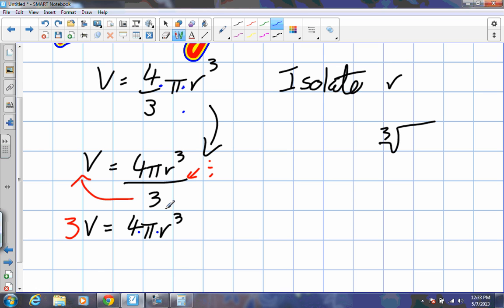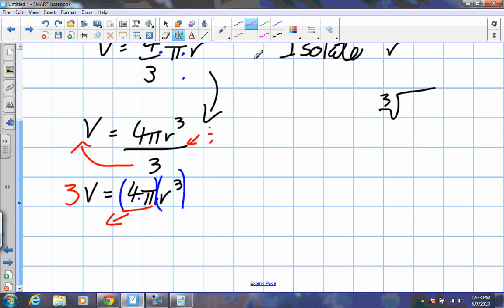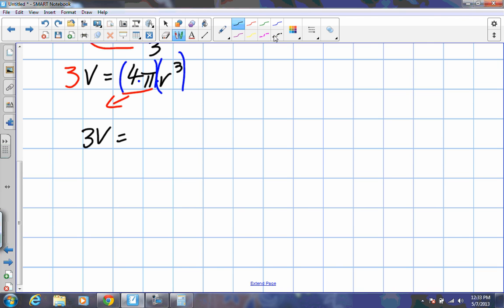So, because these are multiplied by each other, how would I move 4 pi to the other side? Division. To move it to the other side, we would have to divide. So we're going to get 3v divided by 4 pi is equal to r cubed. Okay? R is almost by itself now.